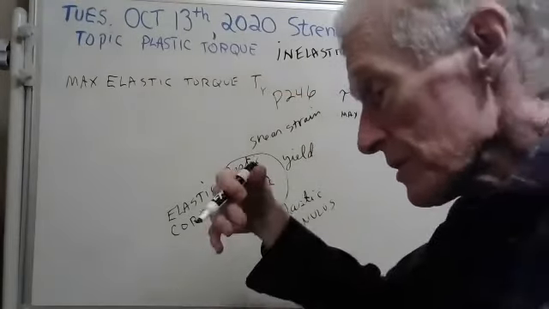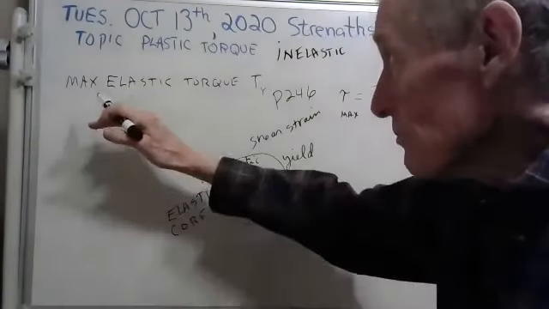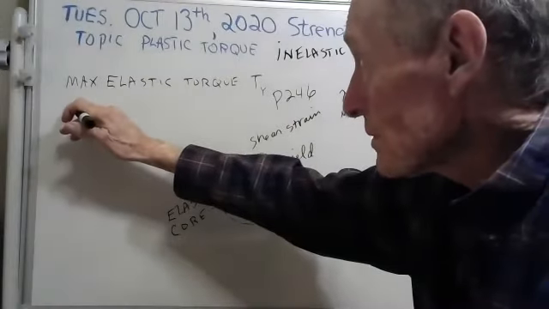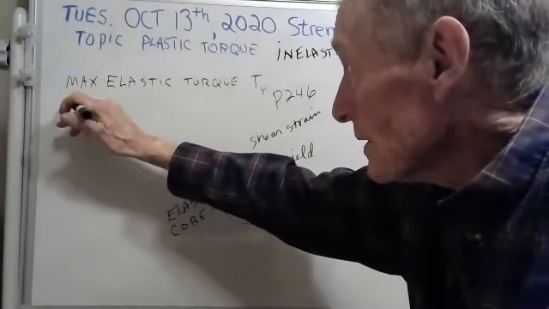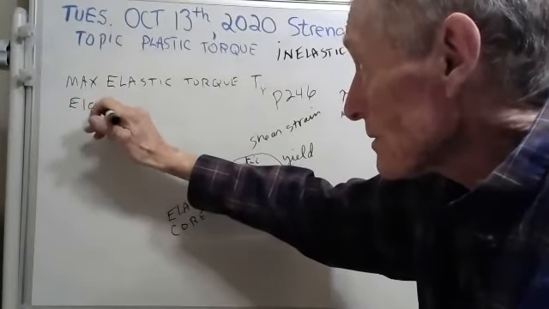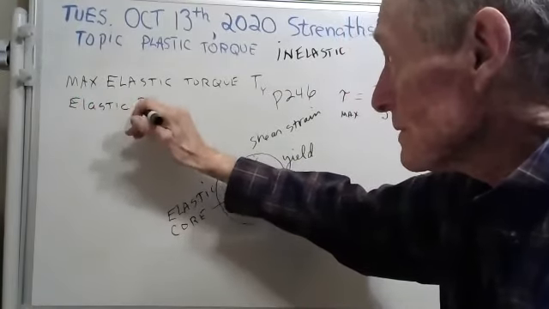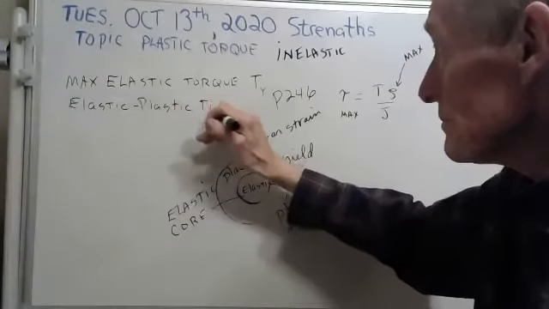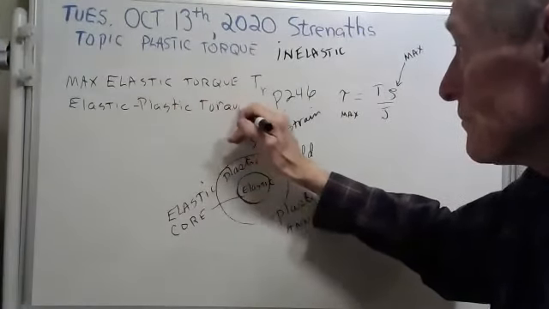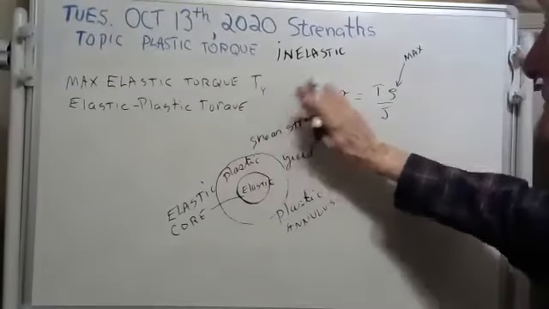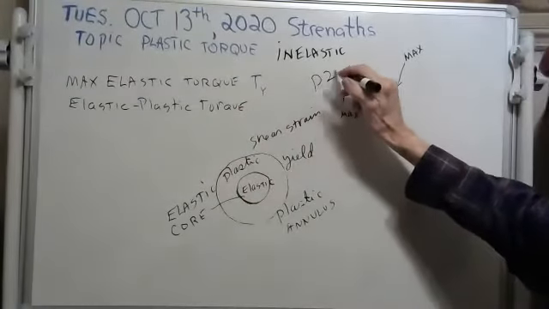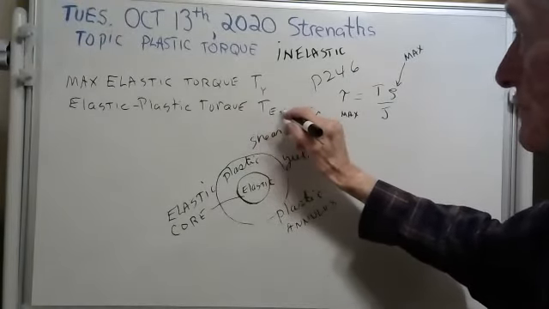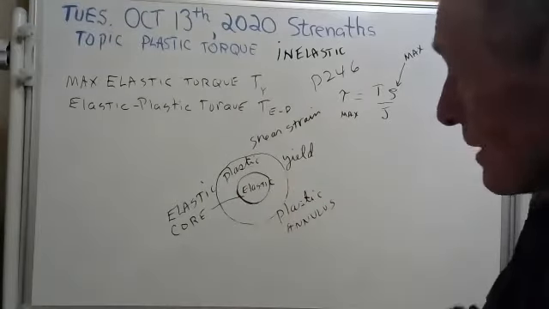Now, if you increase the torque in a piece more than the maximum elastic torque, you'll get what they call elastic plastic torque. And the symbol for that, this is all on page 246. You guys could read the book. That's what this is.